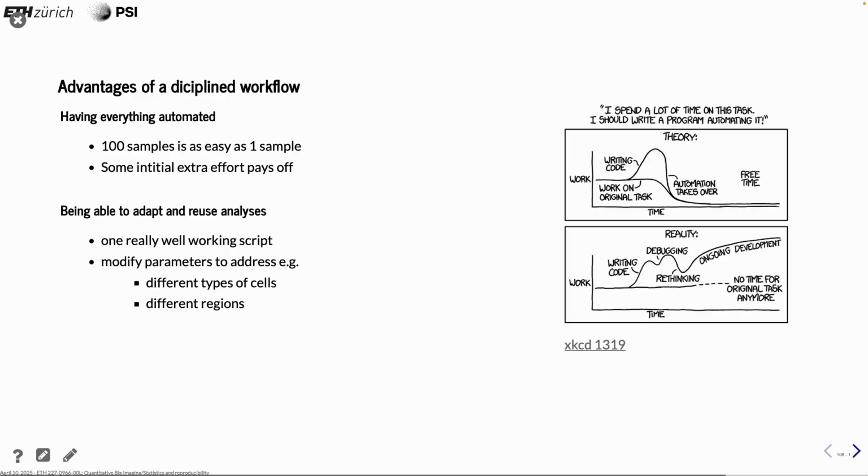This is the ideal. Unfortunately, what may happen is something like this, that you start writing your code, and then you do some debugging and realize, oh, wrong, and then you have to rethink, and then you spend your whole PhD on developing the automatization. That's not what I promote, but anyway, reality is somewhere between these two.